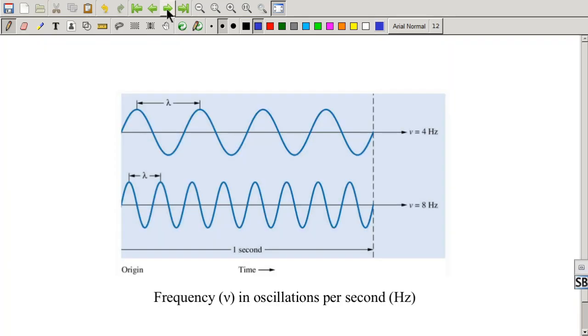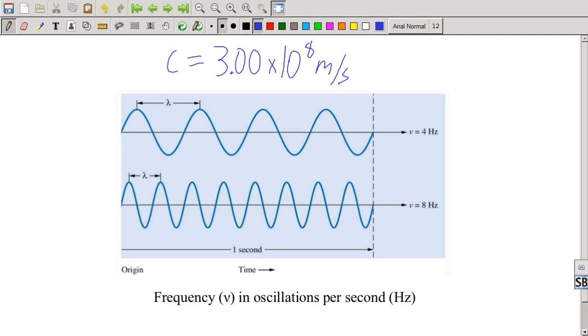Now, the other thing that's harder to define, but is just as important, is frequency. Essentially what frequency measures is the number of oscillations that a photon goes through as it travels for 1 second. The speed of light we've already defined as being 3 × 10⁸ meters per second.